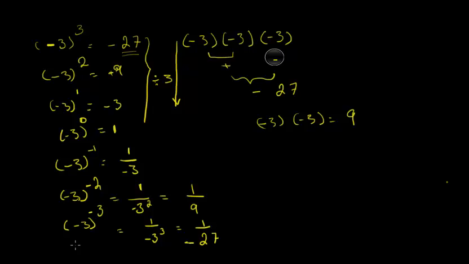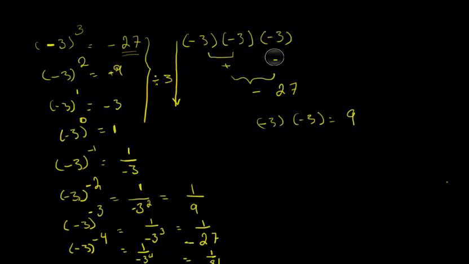Let's raise it to the fourth power. Minus 3 to the minus 4 is going to be 1 over minus 3 to the fourth power, which is 1 over 81.